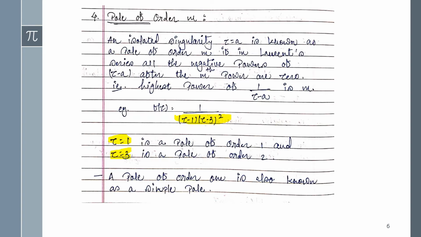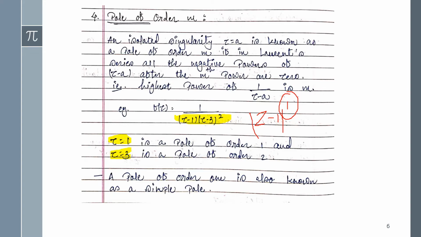Okay, so if we put z equals 1, then it will be a pole of order m, meaning you have to see its power. So check what the power of z minus 1 is. It's given nothing, which means we can imagine it as 1.